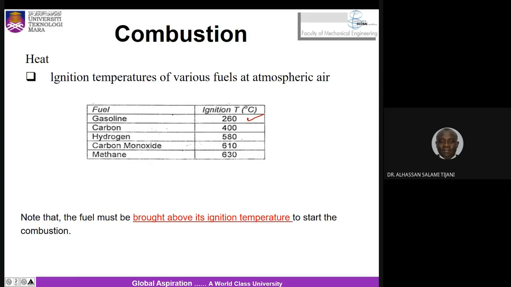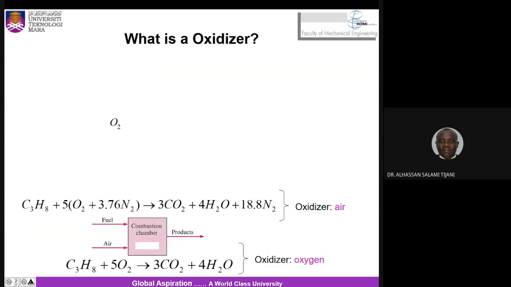Similarly, carbon is 400 degrees Celsius, hydrogen 580 degrees Celsius, and then carbon monoxide and methane. All these fuels have different ignition temperatures or different characteristics. Note, the fuel must be brought above the ignition temperature in order to start the combustion.